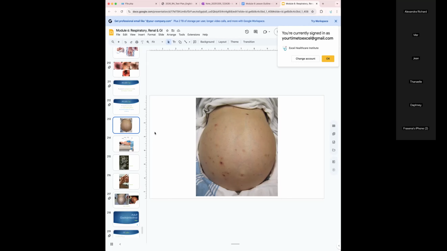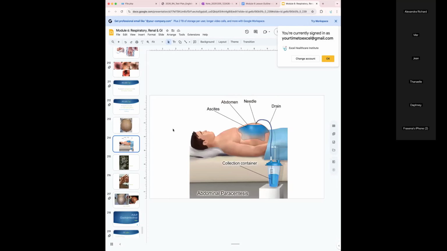We would want to put them semi-Fowler's to promote ventilation. Like semi-Fowler's, high Fowler's, check their O2 saturation, keep track of their respiratory rate and O2 saturation so that if we need to give them oxygen and set them even higher, we can do that.